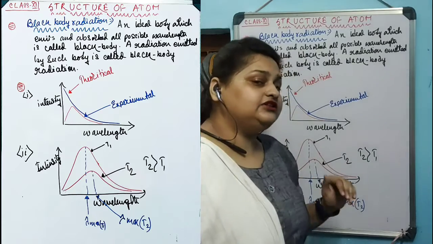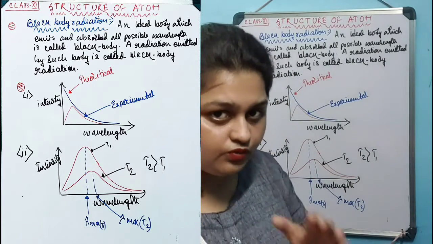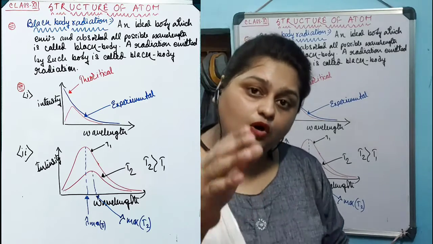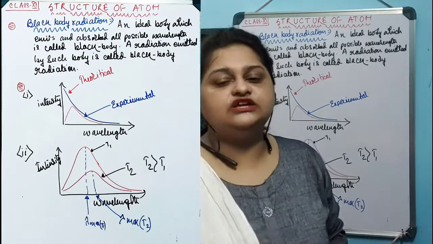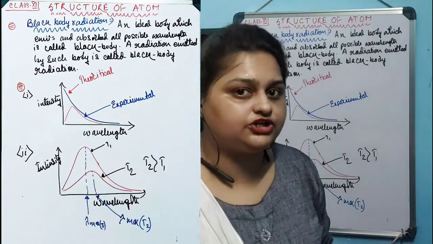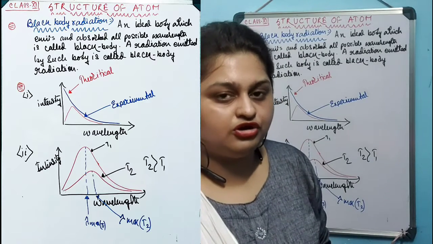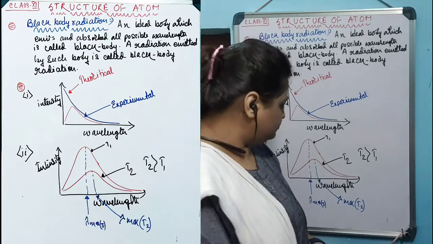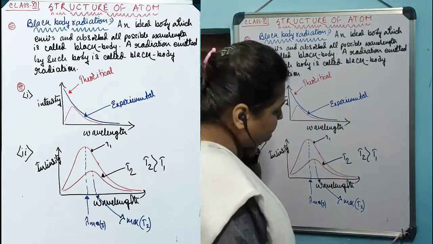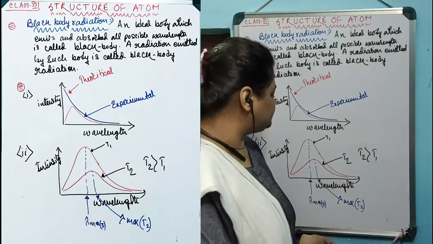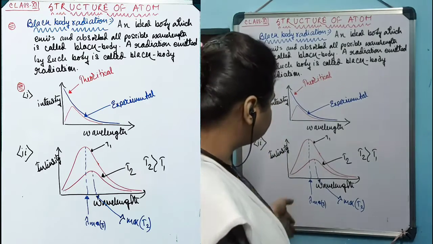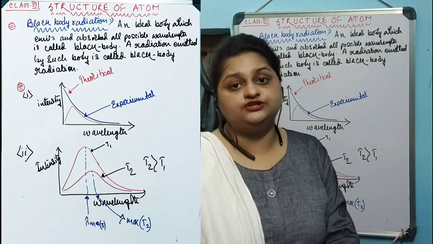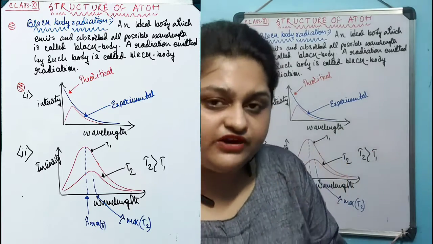This violates the electromagnetic theory, in which light was assumed to be a wave, and it is also assumed that the color of the light depends on the intensity, not on the temperature or the wavelength.